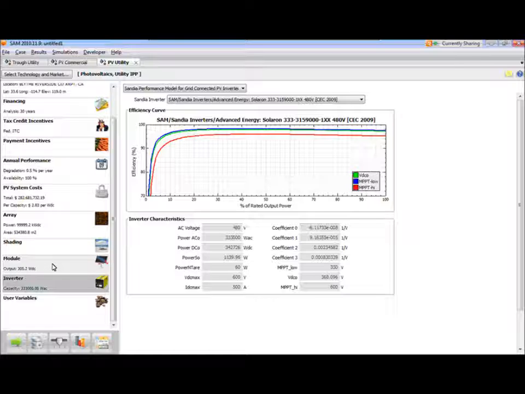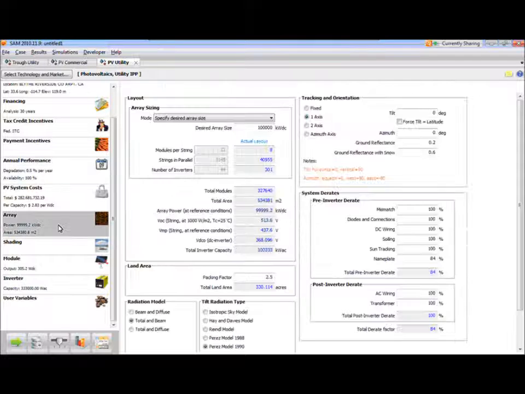So right now what we're trying to do is compare a PV system to a Trough system, and I needed to build a 100 megawatt PV system, and there are some other inputs I could change here. For example, the tracking option here is important, and by default, for the utility case, it's one-axis tracking, which I think is appropriate.